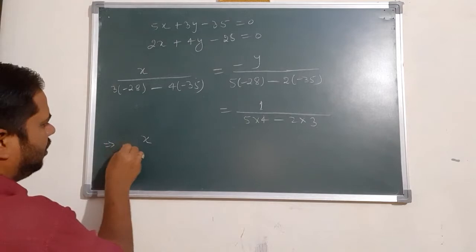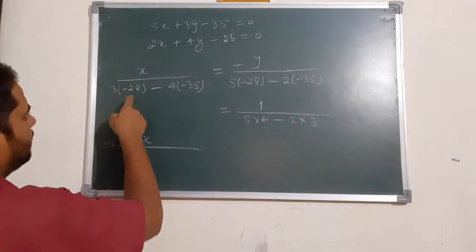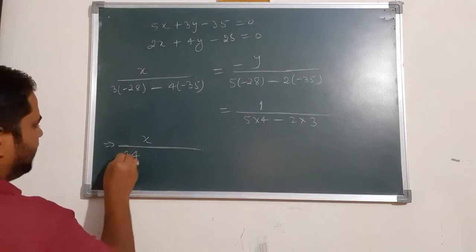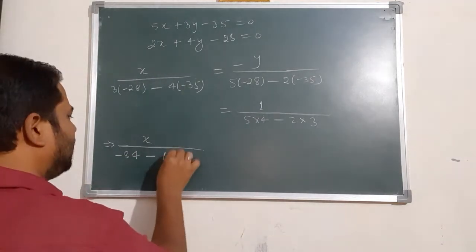So x upon, 3 8s are 24, 3 2s are 6, so minus 84, minus minus plus 140.